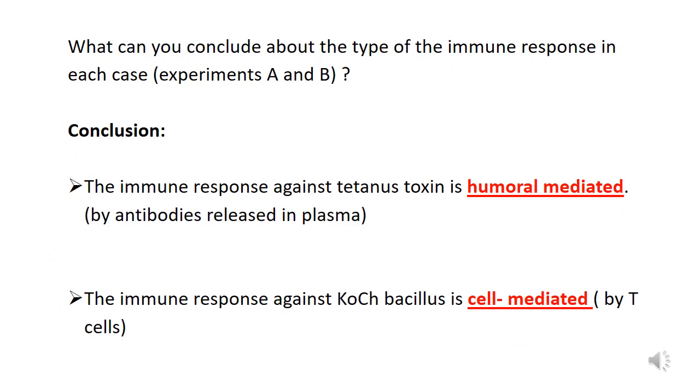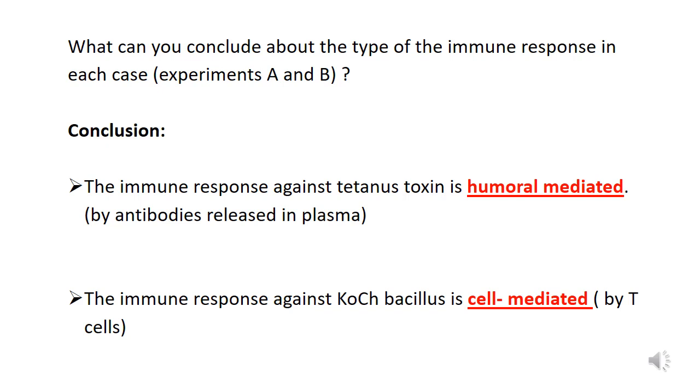Conclusion: the immune response against tetanus toxin, that is in experiment A, is humoral mediated. What do we mean with humoral mediated? This means that it is mediated by humor corresponding to the serum, and thus it is mediated by antibodies released in the plasma.